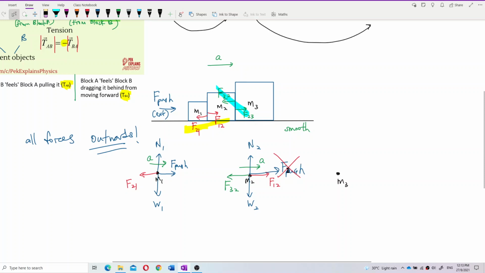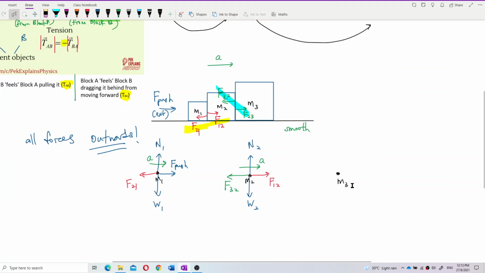So don't draw the pushing force here. The pushing force pushes mass 1 directly, and it is mass 1 who pushes mass 2 with F12. Okay, clear?